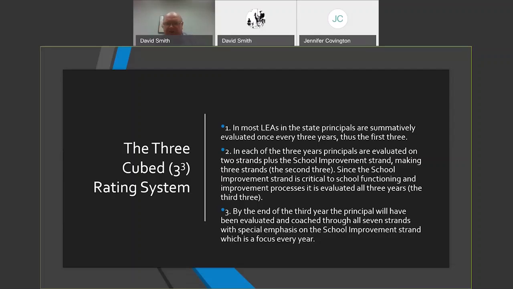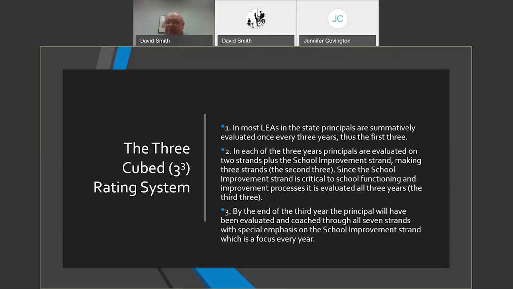In year 1, we would do a formative evaluation on 2 strands. Say, for example, we may want to do teaching and learning and school management for learning. But we would also include the school improvement strand because that is one of the high leverage strands. So we're going to look at that every year. That makes 3 strands. Since the school improvement strand is critical, we do that all 3 years.